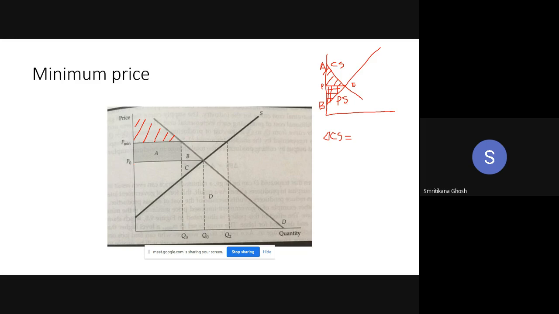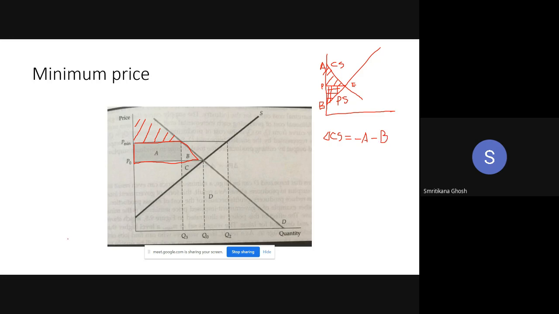What is the net sacrifice of the consumer? The areas are denoted here: A, B, C, D. A plus B. A is the loss, B is also the loss. This total area is the sacrifice of the consumer because of the minimum price policy. As it is a sacrifice, it is better to write minus A, minus B. This is the loss.